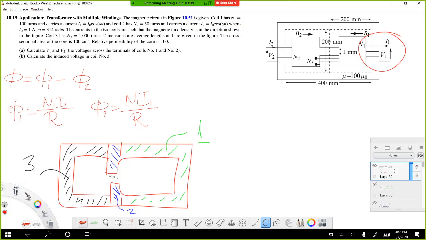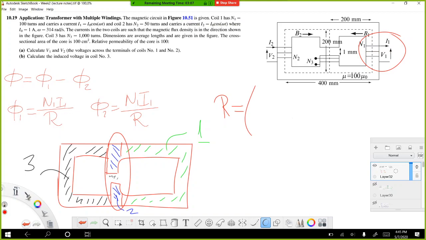Total reluctance of the core is computed as follows: first and third are in parallel, and here we have one leg and one air gap which are in series.